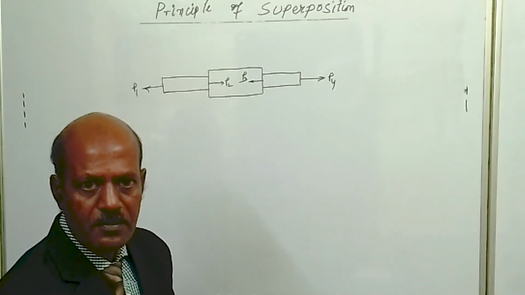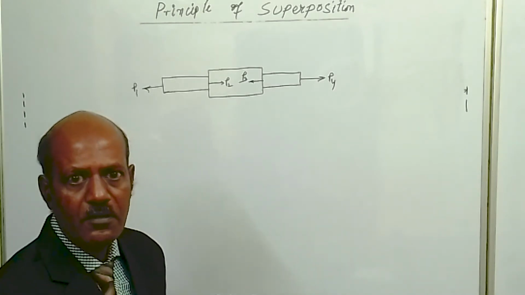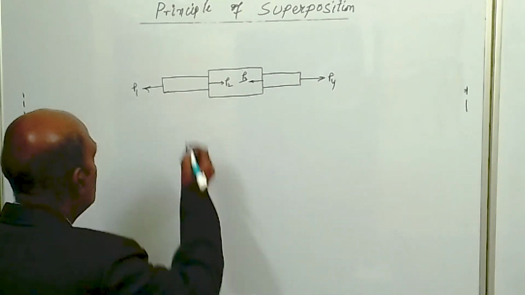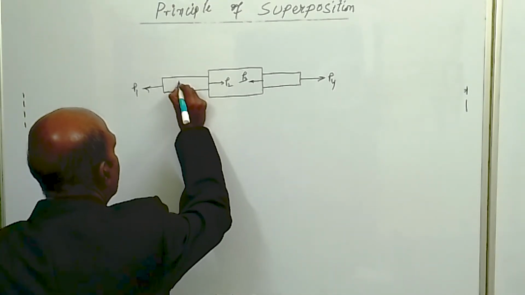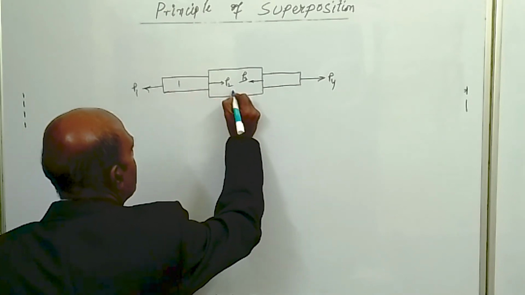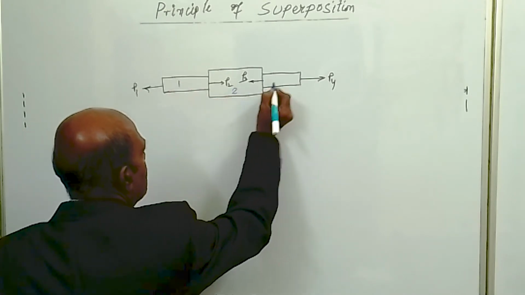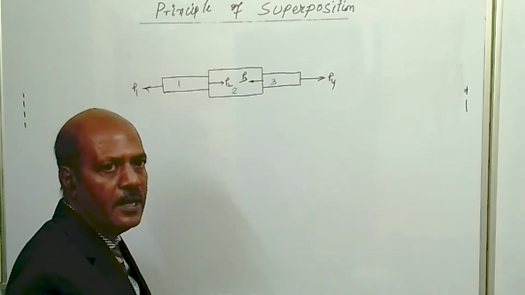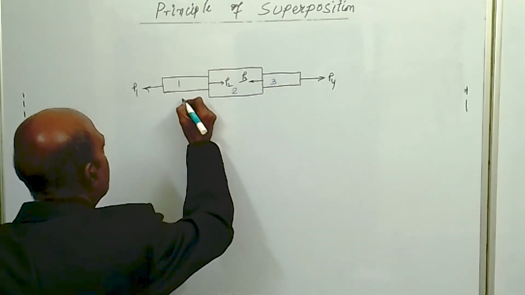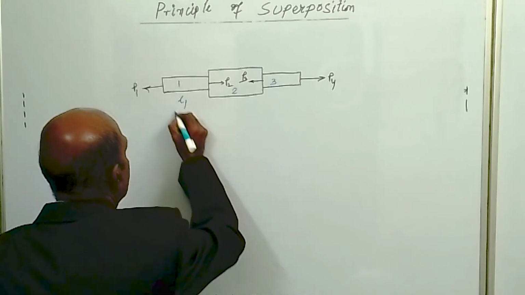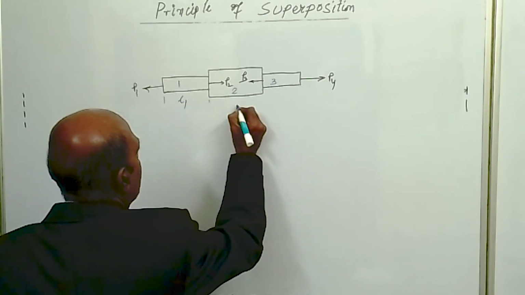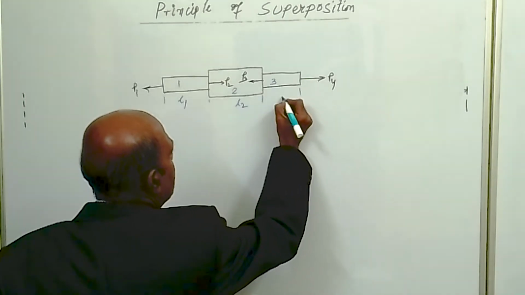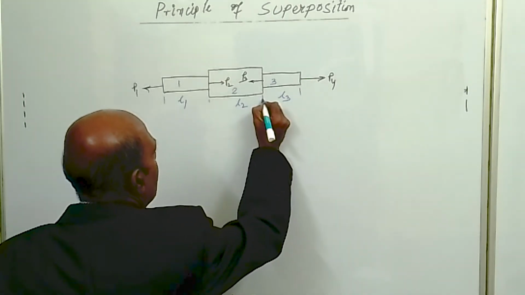Now for the first step, we have to draw the free body diagram of the body. So we are marking the sections or segments as 1, 2 and 3. Let L1 be the length of the first segment, L2 the length of the second segment, and L3 the length of the third segment.